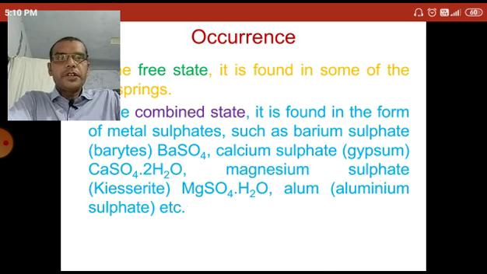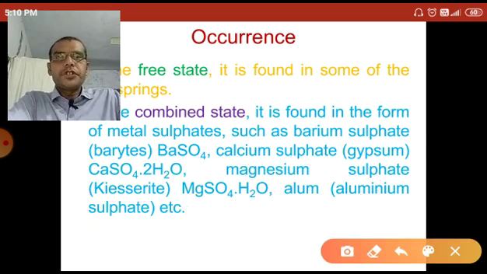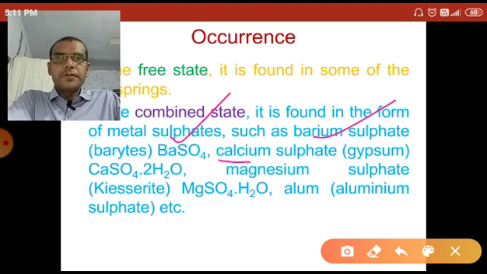So in the combined state, sulphuric acid is found in the form of metal sulfates, such as barium sulfate, BaSO4, barites. Calcium sulfate, the common name of calcium sulfate is gypsum, CaSO4.2H2O.